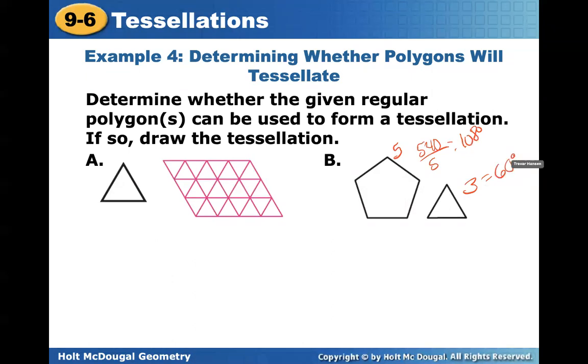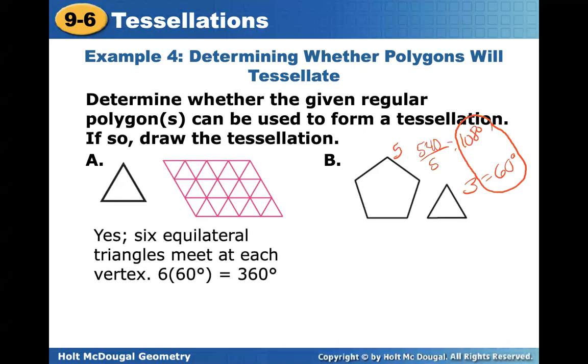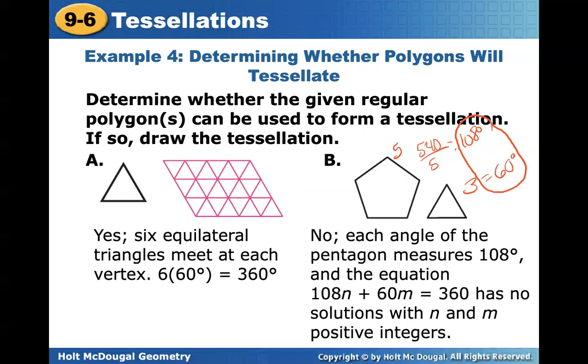So is there any way we can add up 108 and 60 and get 360? I'm going to say no, 360 is not divisible by 108 and 60. Since we can't have any solutions with a number of vertices from the pentagon connected to vertices with the triangle, we're going to say no.